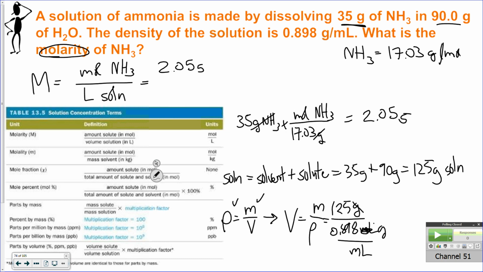So grams would cancel out, and milliliters would go to the top on units. When I divide that out, 125 divided by 0.898, it's 139.1 milliliters. So that's the volume.